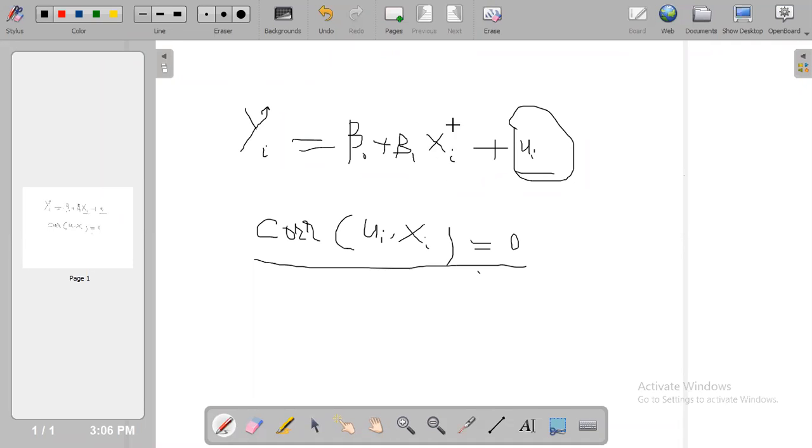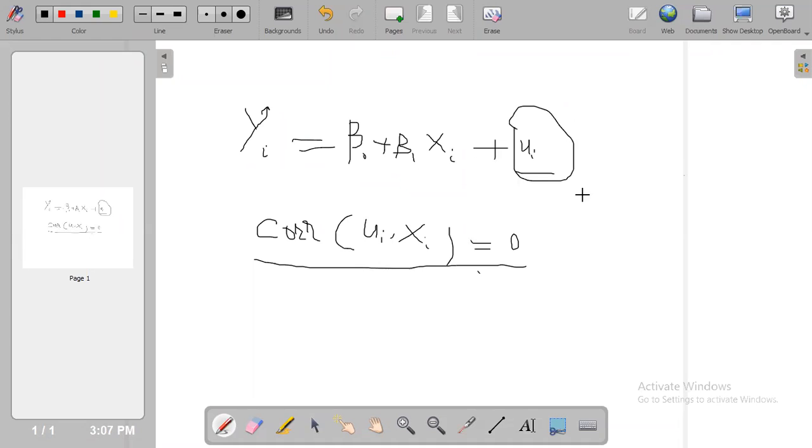If this x variable is somehow correlated with some of the variables in the disturbance term, then you would not be very sure whether beta 1 is giving you the true effect of x on y or not. So here we are only talking about the effect of the included x variable, which is not shared with any of the variables not included in the model. We are only talking about the x variable and the disturbance term. Remember, the disturbance term represents excluded variables.